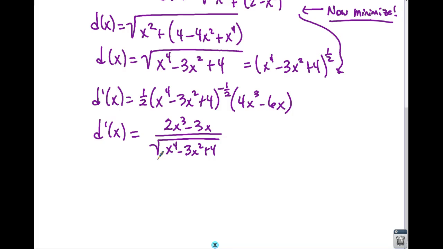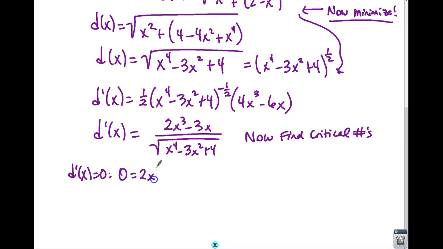Okay, so I've taken the derivative. Now I need to find critical numbers. So I need to set the top equal to 0. So d prime of x equals 0. So 0 equals 2x cubed minus 3x.